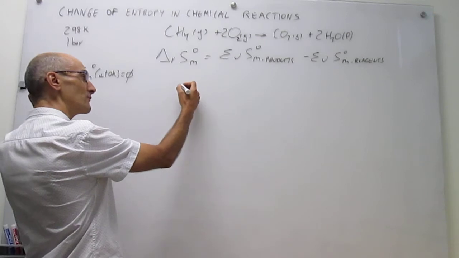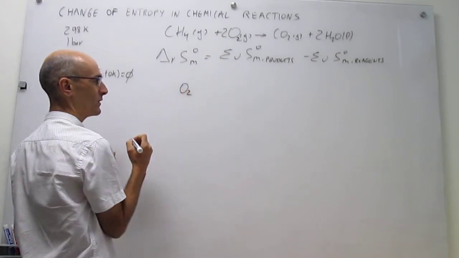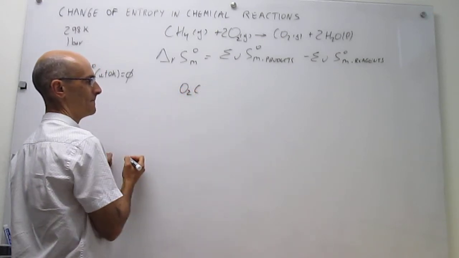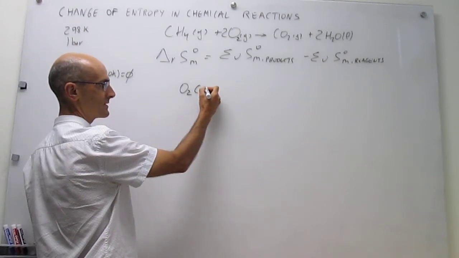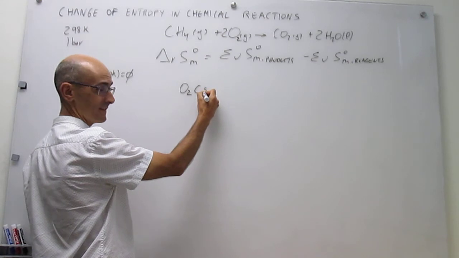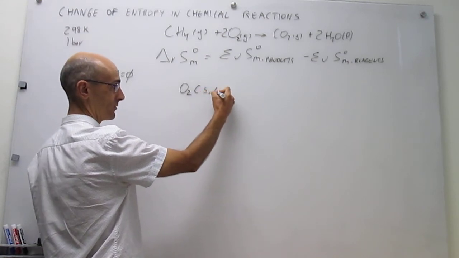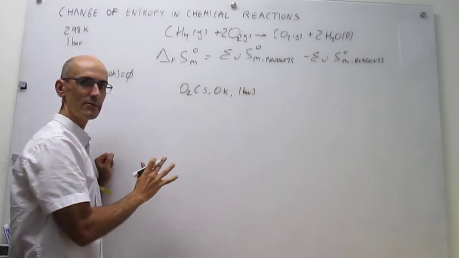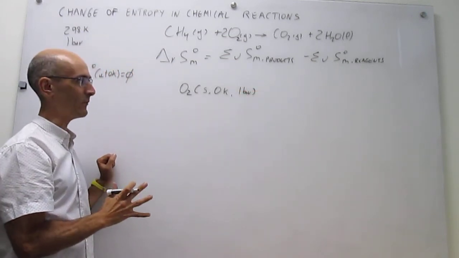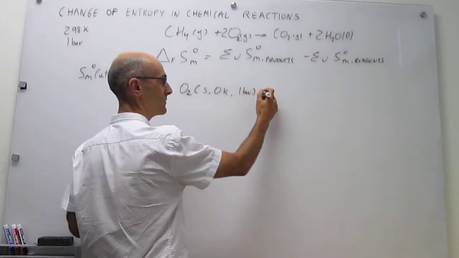Okay, so here would be the idea. If we take oxygen, for example, we know what the entropy of oxygen would be if this was a perfectly crystalline substance, that means a solid, at 0 Kelvin and a pressure of 1 bar. That is 0. That is what the third law of thermodynamics is. But of course, we're not interested in that.